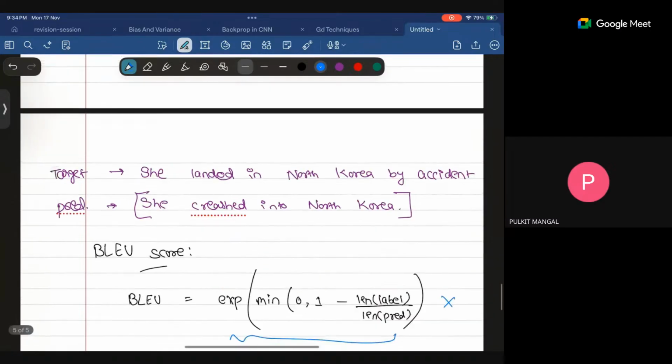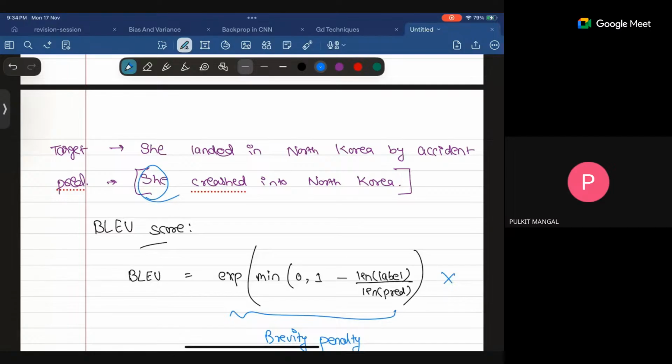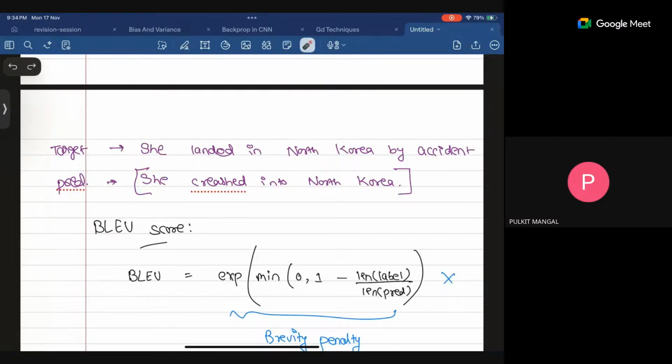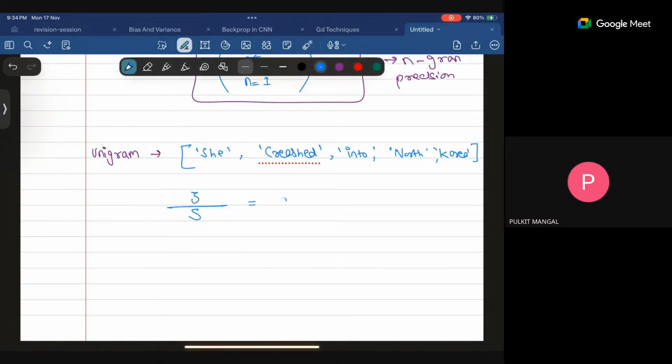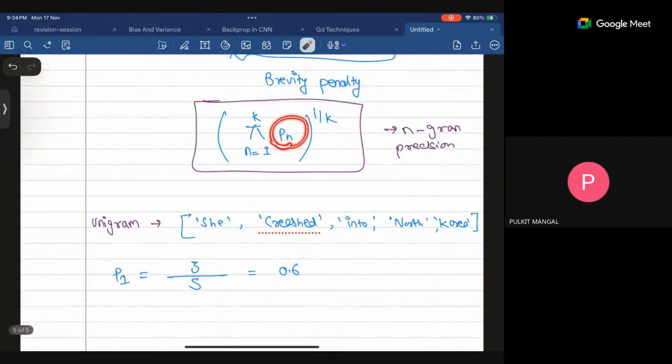You have to match how many of these unigrams are matching with the actual target one. One is matching, she, we have North, and we have Korea. So 3 are matching, right? So 3 by 5, that is your P1, the P underscore n that I wrote here. So P1 is 0.6. Sir, is this for unigram? Yeah, this is the unigram precision that we have.